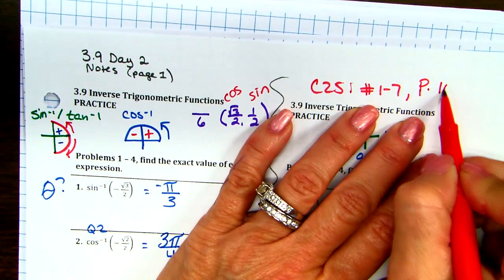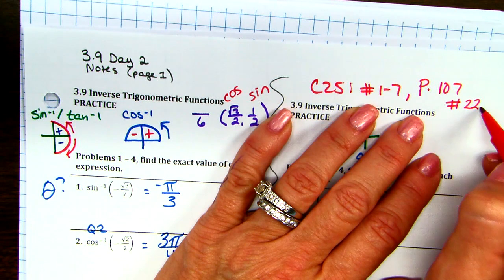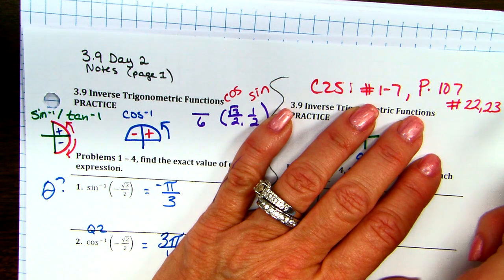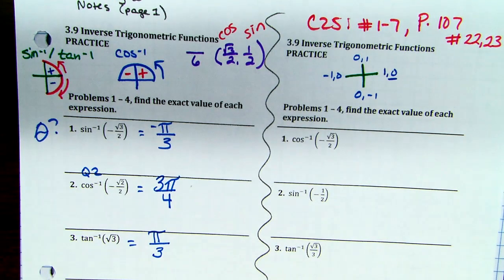Two homeworks? There's not two homeworks, this is one homework. So 1 through 7, and then these 2 word problems.